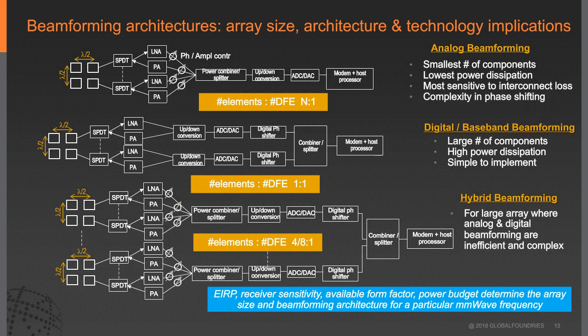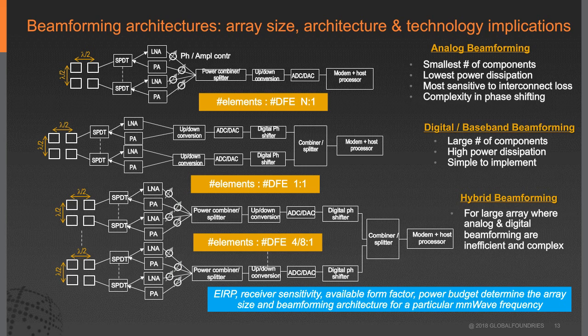Now let's talk about a hybrid approach where you're using both analog and digital. So you have analog beamforming on the front end, and then you have digital beamforming after the ADC DACs.